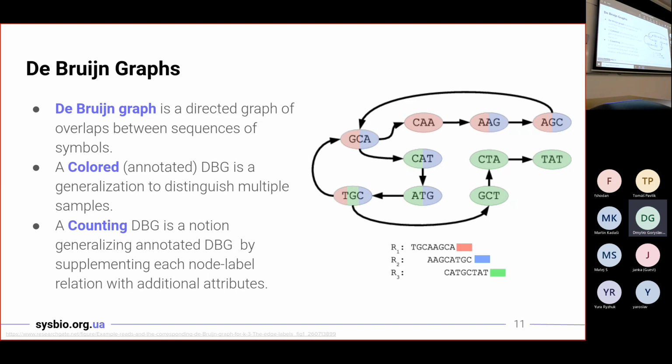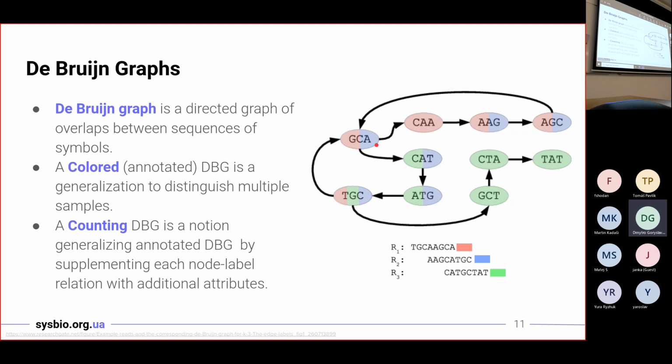If you take a look at the graph on the right-hand side, you can take some two adjacent nodes. For example, let's take this one, and the graph is defined in a way that it must overlap with its direct successor by two symbols. Specifically, the suffix of length 2 here is exactly the same as the prefix of length 2 here.